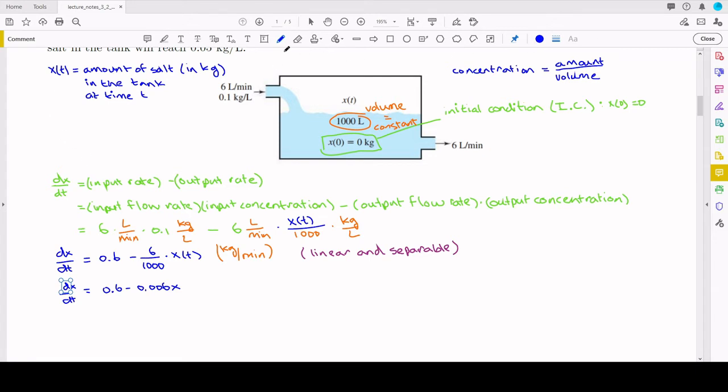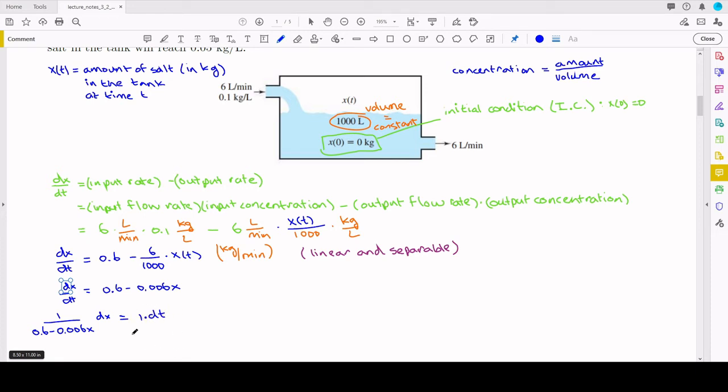So I can rewrite this as 1 over 0.6 minus 0.006x dx equals dt. I can think of that as 1 times dt, and that's a function that depends on t only, or said slightly differently, that's a function that does not depend on x.